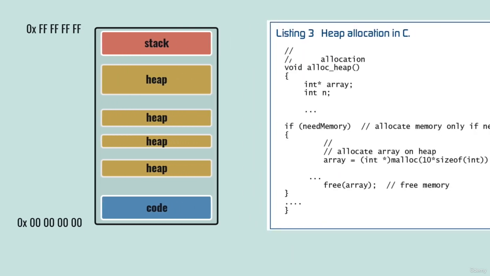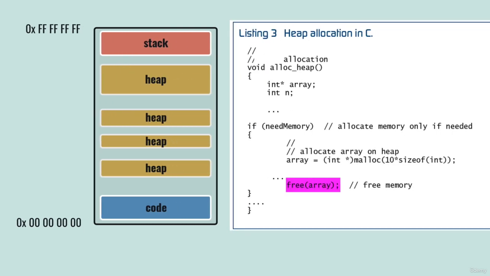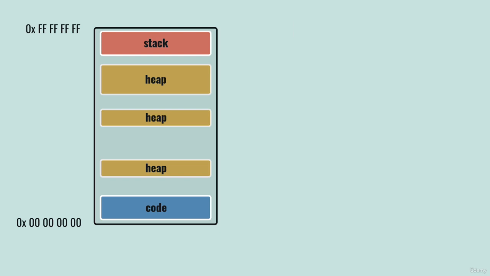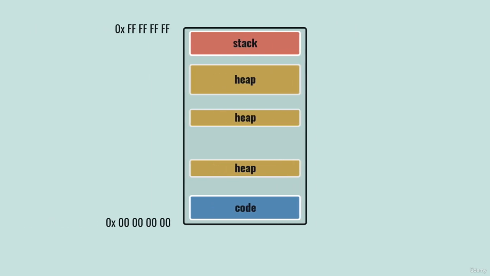This partly explains why you should deallocate chunks of heap when you no longer need them. By deallocating, you free up areas in the address space so that they can be allocated again later. The broader reason to deallocate, of course, is that your process might simply run out of address space at some point.